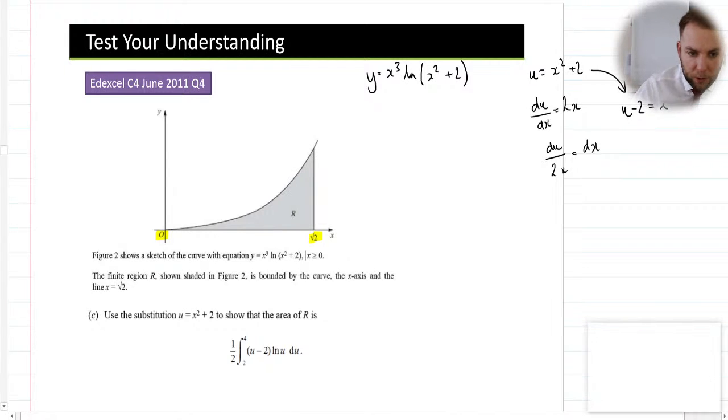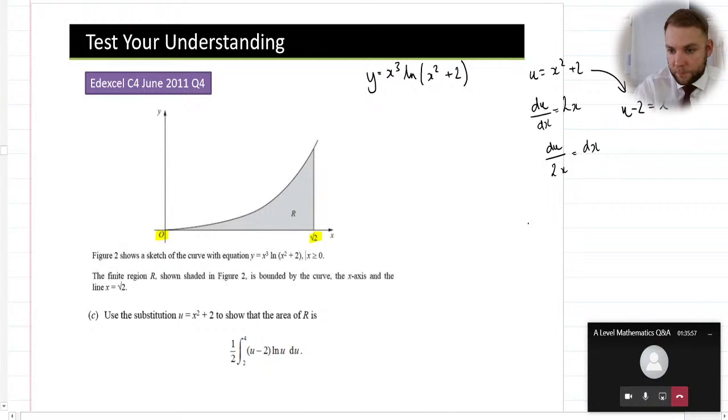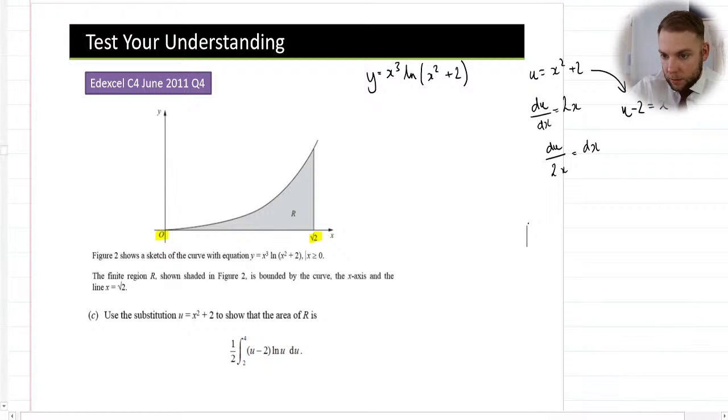So at the moment we've got u is equal to x squared plus 2, and we know that x is equal to 0 and also x is equal to root 2.